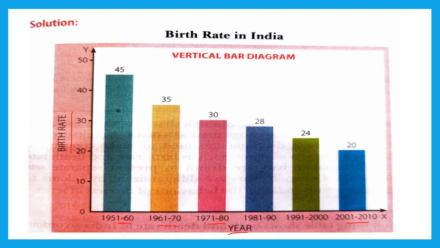Now if you see in your table, in 1951 to 60, the birth rate was given 45. So this is the point where I marked 45. So my bar diagram, the length of bar is 45. In 1961 to 70, birth rate is given 35. This is the point. So the length of my bar is 35.